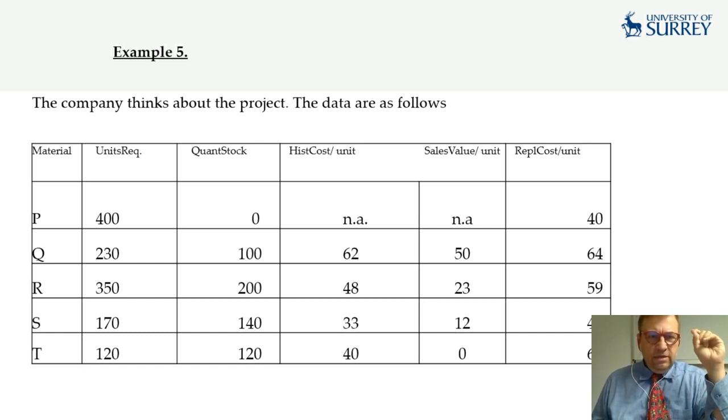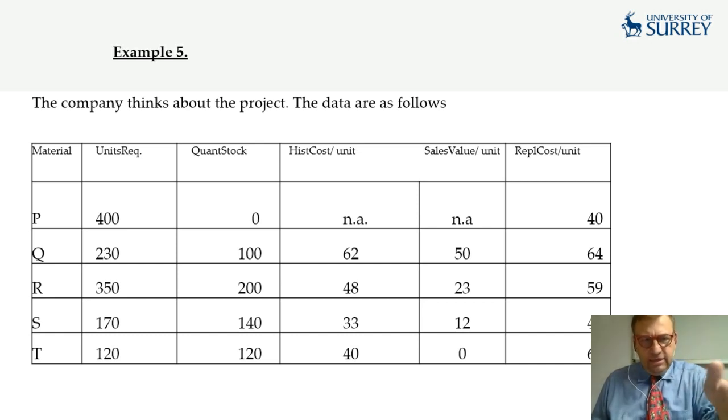So this is the initial table of the production. I will tell you, the company thinks about the project, and these are the data. For the project, there are 5 materials that are needed: P, Q, R, S, and T. 5 materials, just 5.